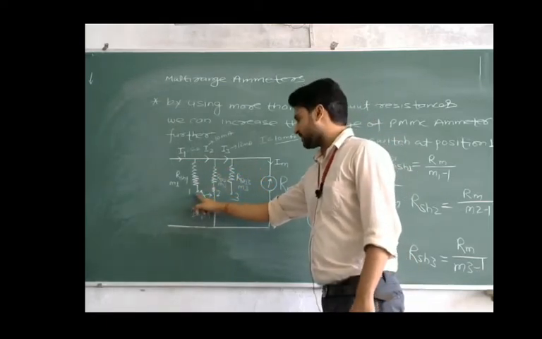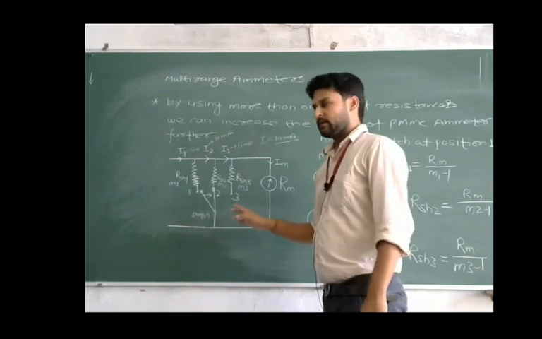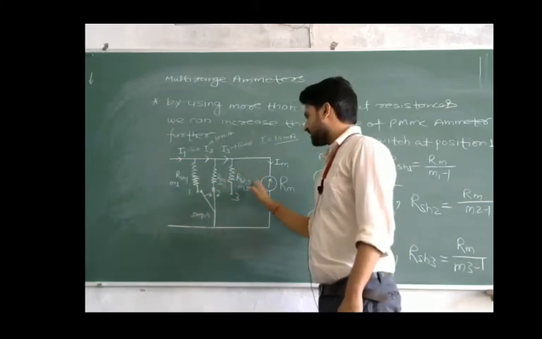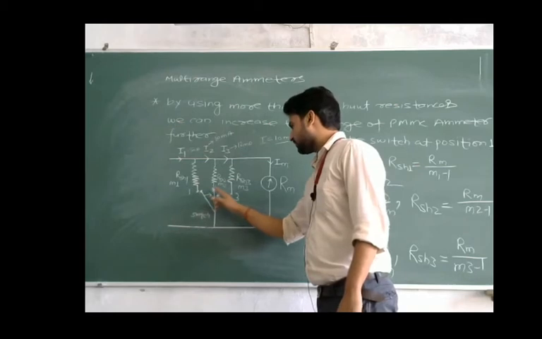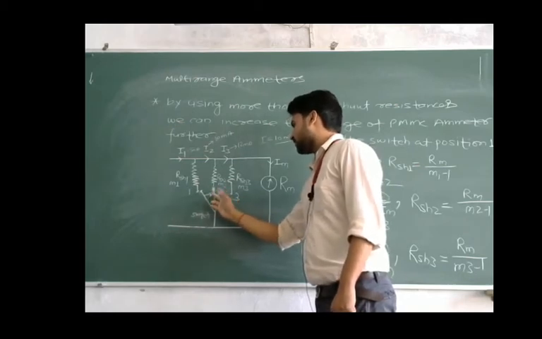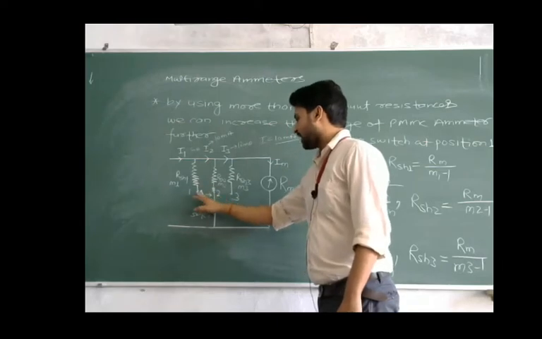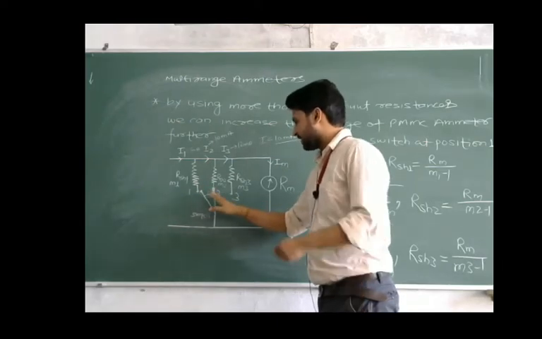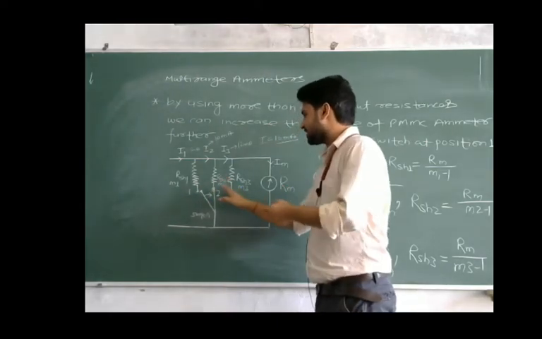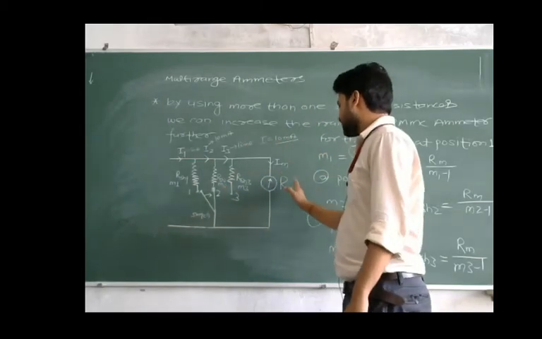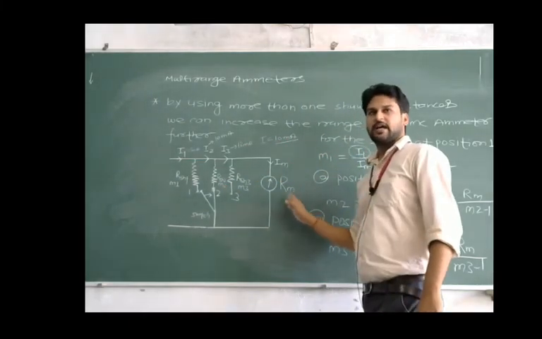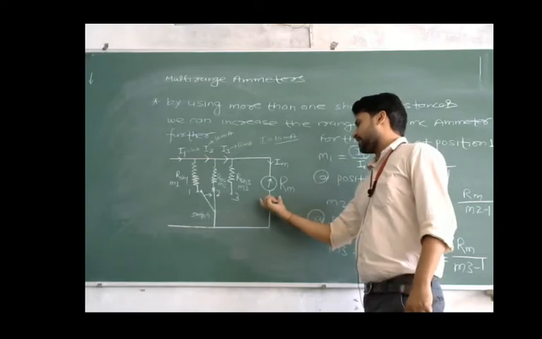The resistance will appear in the shunt only when this switch reaches position 2, and this total current can destroy the instrument.